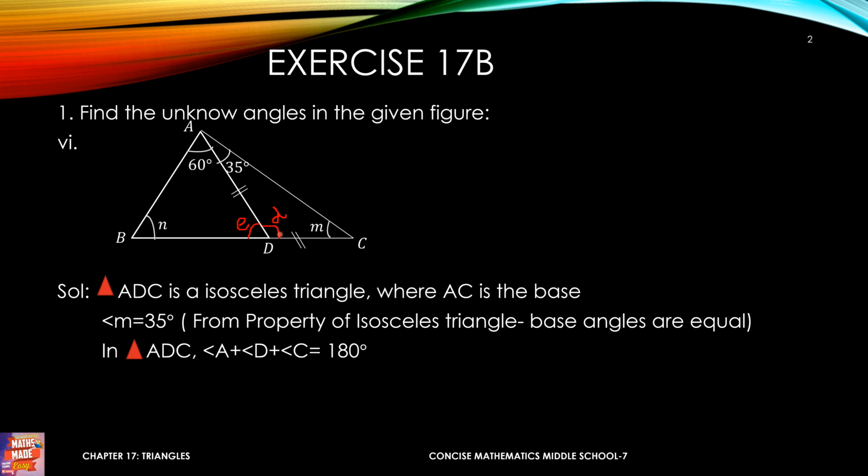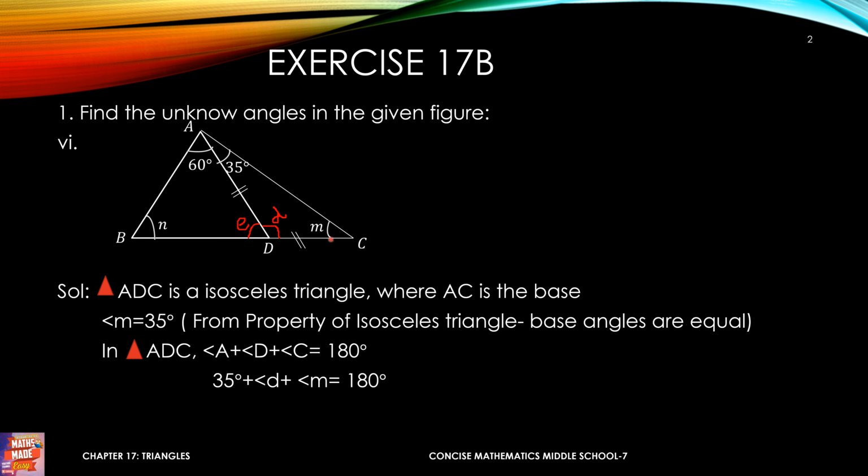Angle A plus angle D plus angle C at vertex is 180 degrees. And what is A? It is 35 degrees. And what is D? At D there are two angles, E and D. Since we are considering this triangle, I am just writing it as D. Plus C. What is the angle at vertex C?